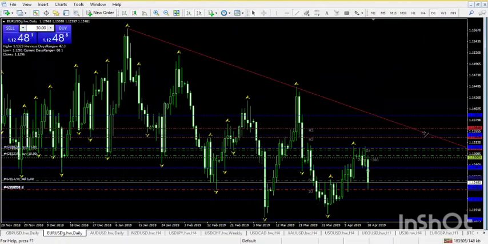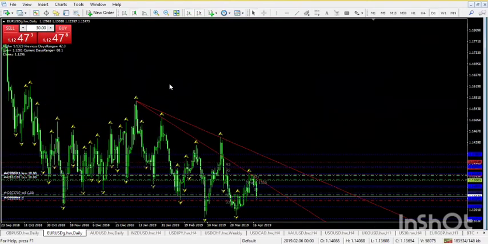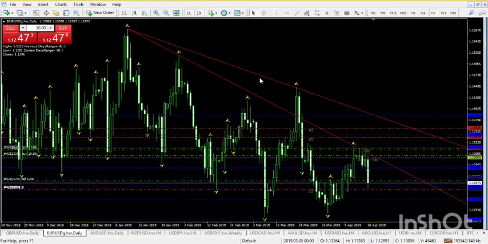So in the Euro chart, I made this mistake and drew this trend line first, even though this is what my trend line is. You see what a big mistake I made? These are the mistakes that us traders make. The market has no errors and mistakes. You have to be very careful.